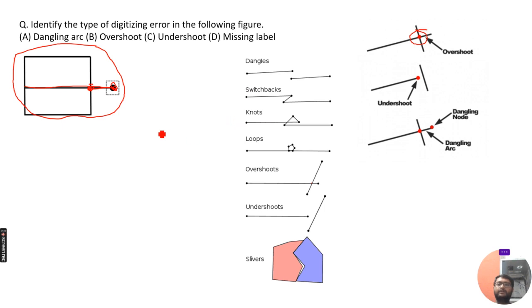And undershoot if the point is given over here somewhere, and missing labels will not come into the picture. You can see the other thing also, and we have discussed this: if space is there between two polygons, that space is known as a sliver, and that is also a classical error of GIS. And these are the other things which will happen by digitizing. You will have this kind of nodes, loops, switchbacks or bangles like that.